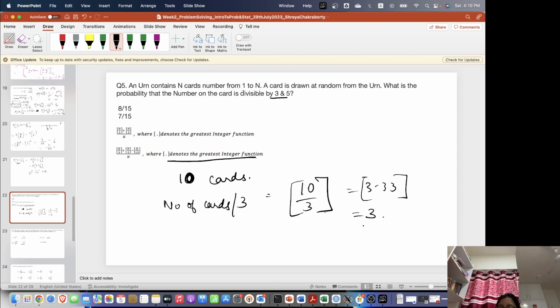So we have 3 cards, 3, 6 and 9. Number of cards divisible by 5, we have how many? 2, that is 5 and 10. How are we getting it? 10 by 5 greatest integer function.